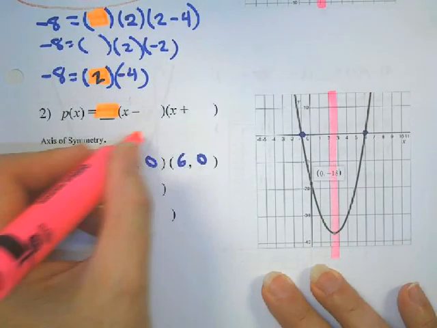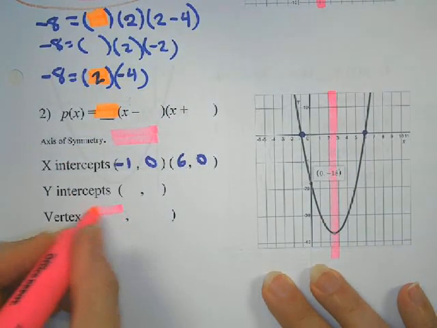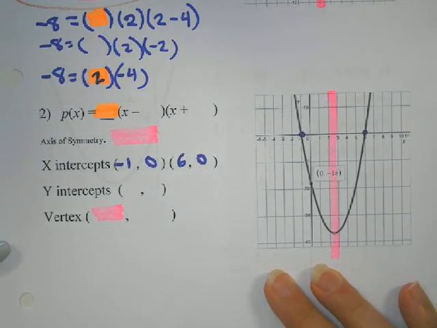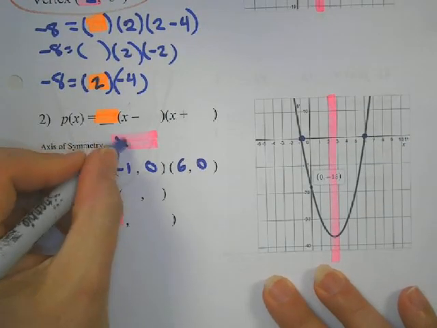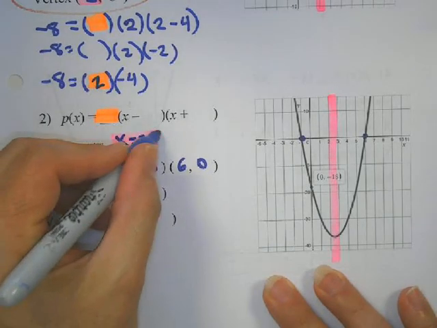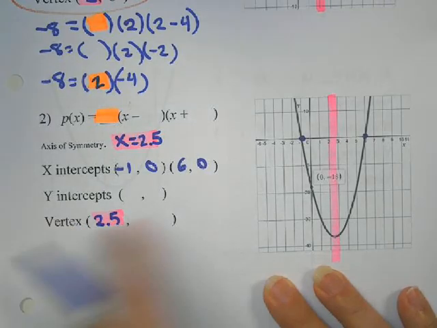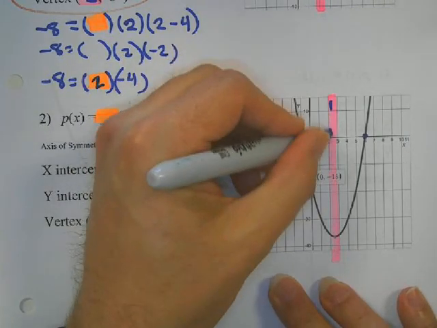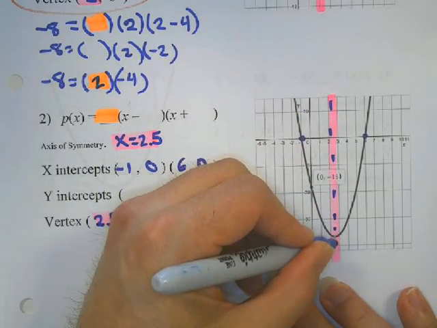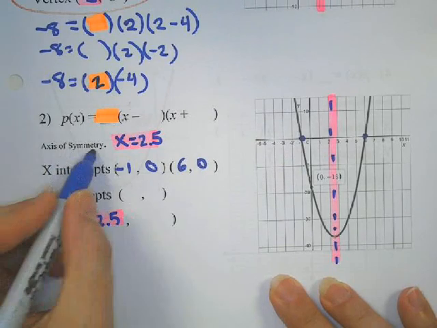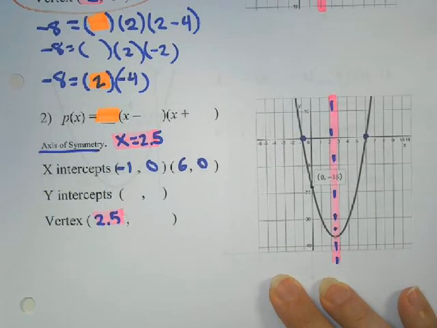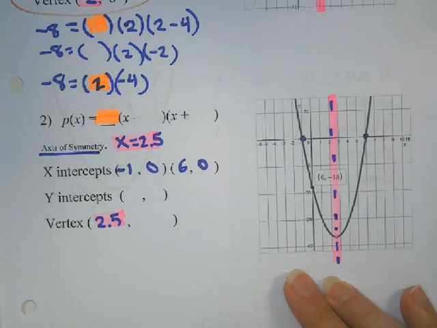And that value is at x equals 2.5. Okay, and the vertex happens on this axis of symmetry. So don't forget, when you're writing your axis of symmetry, you have to write x equals that value, 2.5.